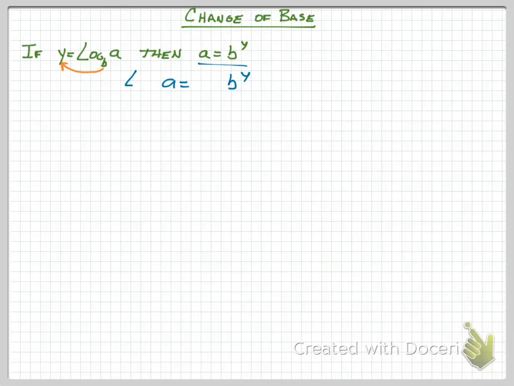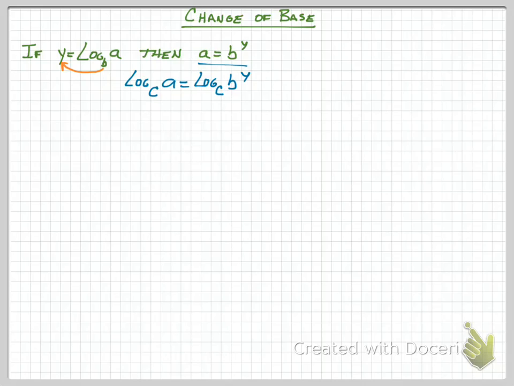So I'm just going to put that in there for both sides. Just like with any equation, if you do something to one side, you've got to do it to the other. All right, so I've got log base c. C can be anything, whatever we choose to work with our particular function. So log base c of a equals log base c of b to the y power.